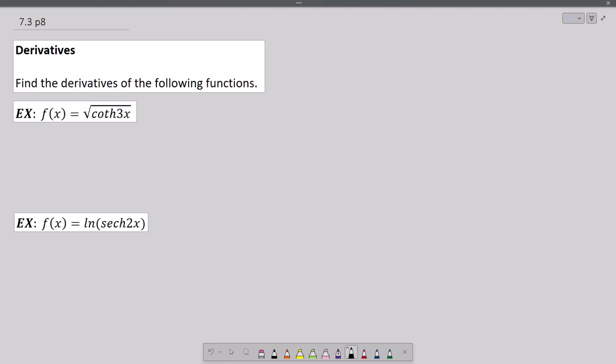Okay, all right, so let's go through this. The first step is bringing down the half. So there's the power rule: pop the exponent, subtract 1. Now we multiply by the derivative of the inside, so that's a chain rule. And then we have to multiply again by the derivative of the inside of that, so we'll have a second chain rule.